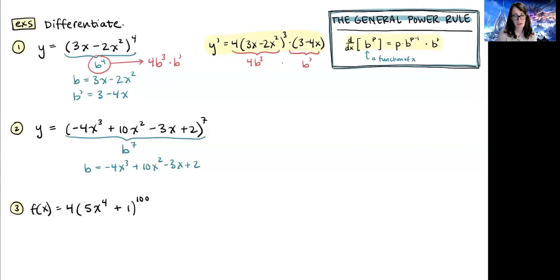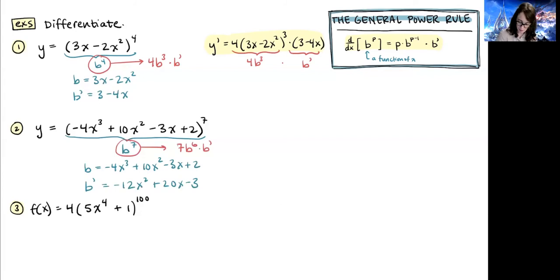We're going to use the general power rule here, and so we'll need the derivative of the inside. We'll need b prime. That'll end up being negative 12x squared plus 20x minus 3. Okay, so then we think about b to the 7th. Using the general power rule, its derivative will become 7b to the 6th times the derivative of b, or times b prime.